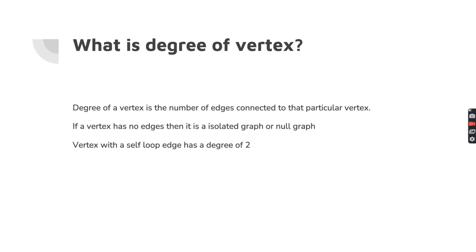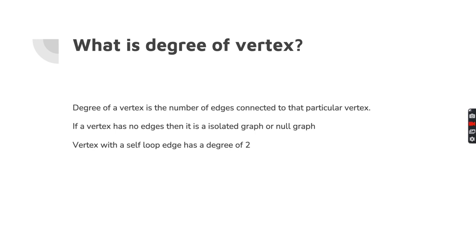So it's a null graph. And isolated graphs are graphs which are separate from an already existing graph with edges. Those are known as isolated graphs.